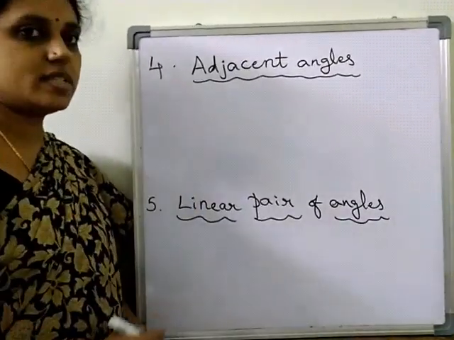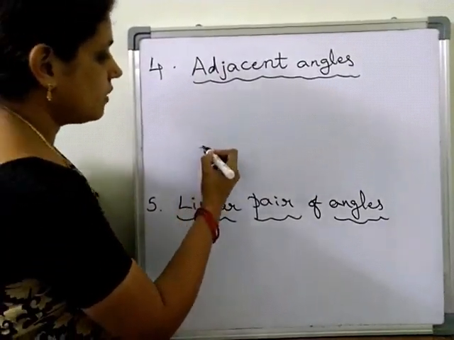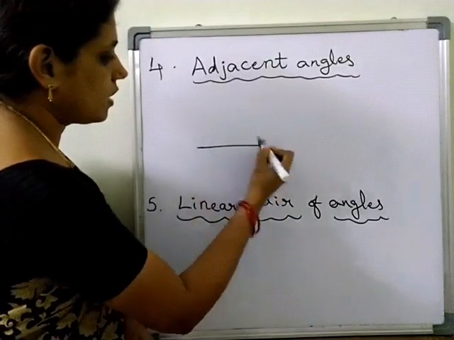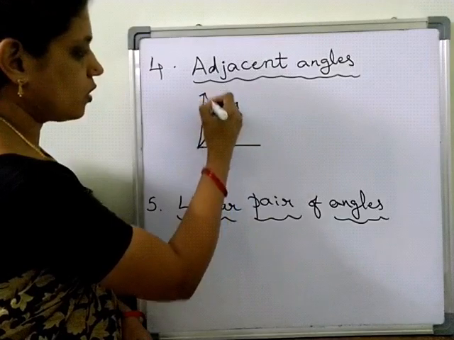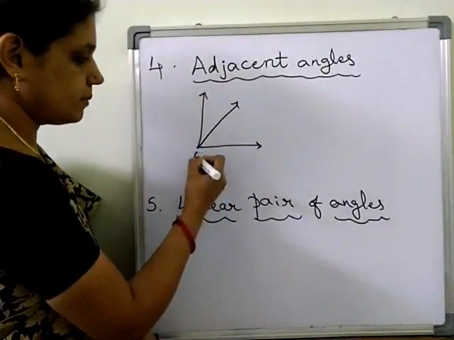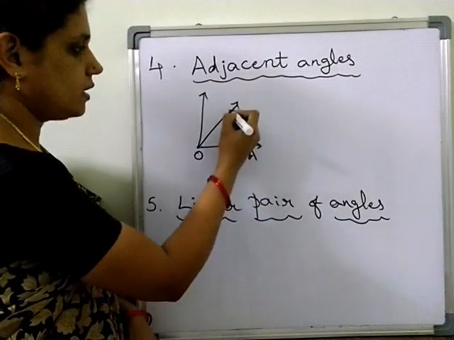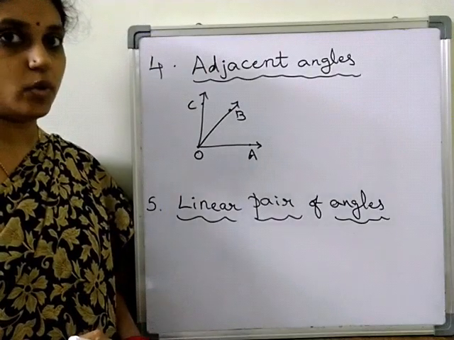Next one is adjacent angles. So here adjacent angles means two angles which have a common vertex, and one common arm, and no common interior points.